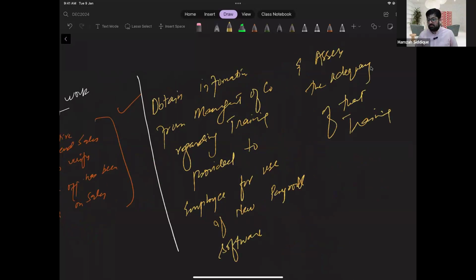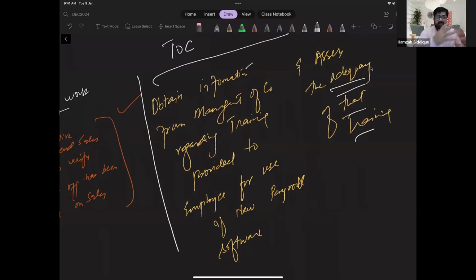Now see, what is it? Assessment of adequacy. Now this is assess the adequacy of that training. How to assess? It has not been told. Obtain information and assess. It is a test of control.